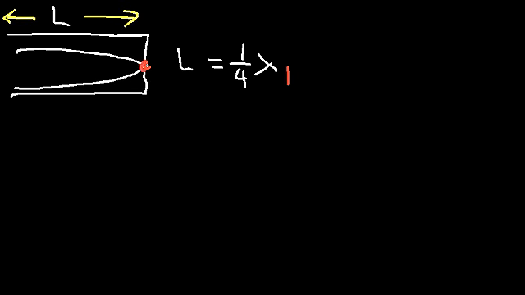So we always have a node at the closed end. And for the displacement of air, we always have an antinode at the open end, since air can move freely at that point. Just keep those things in mind. So now, let's draw the next overtone. This time, we're going to have two nodes.